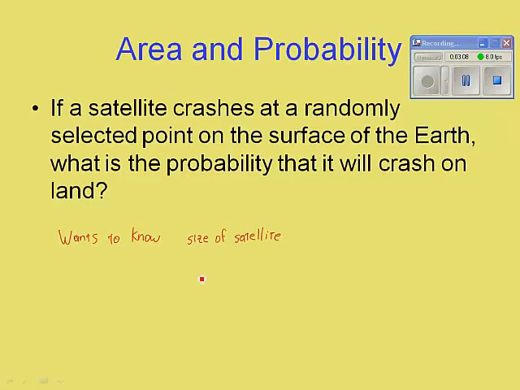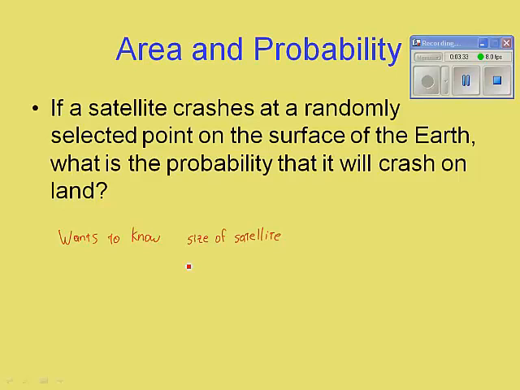The percentage of surface that is land. Does anyone know that? 30%, roughly? You think about 30% of the earth is land, which would mean how much of the earth is water? 70% of the earth is water.